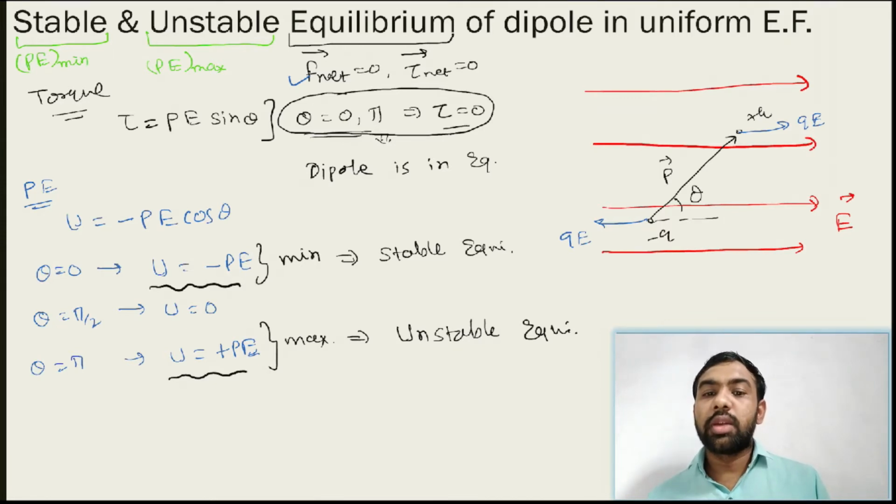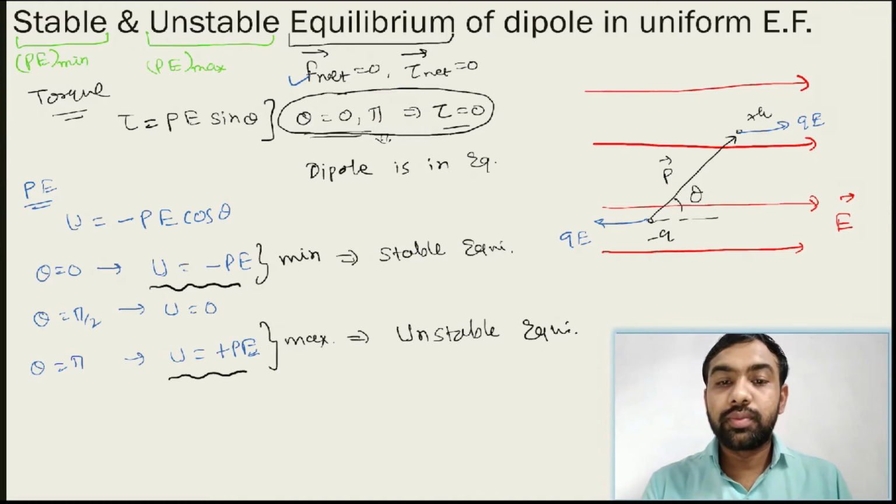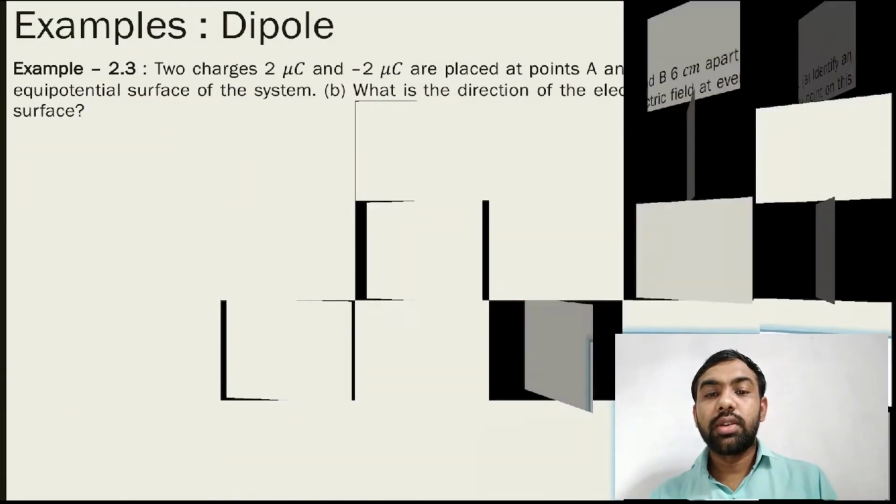Whether unstable or stable is given, remember all this and note it properly in your books, because sometimes this type of question is asked in examinations. All of you note this, then we go to the next one.